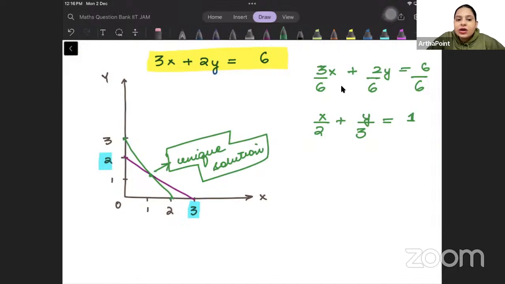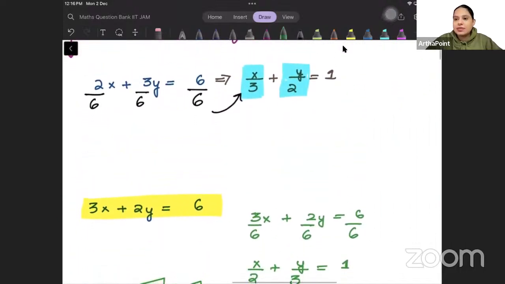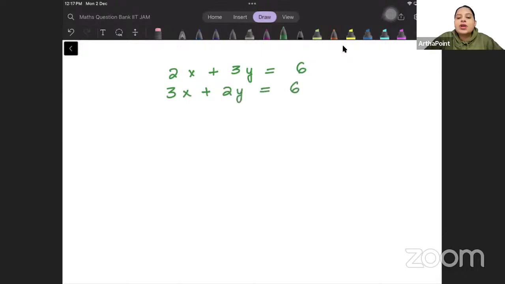Now, what I can therefore do is solve these two equations simultaneously. So I have 2x plus 3y equal to 6, 3x plus 2y equal to 6.